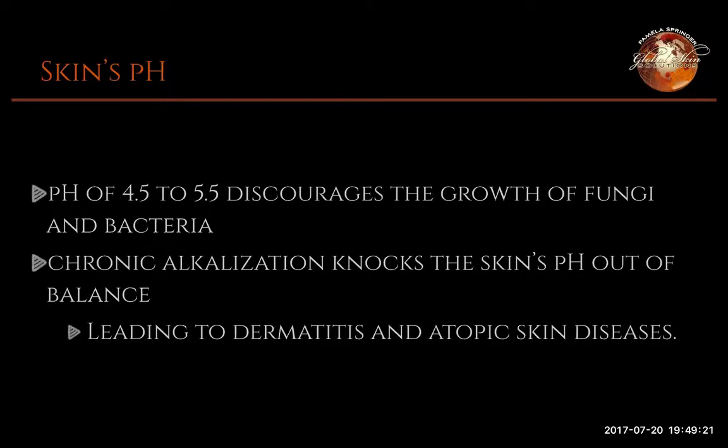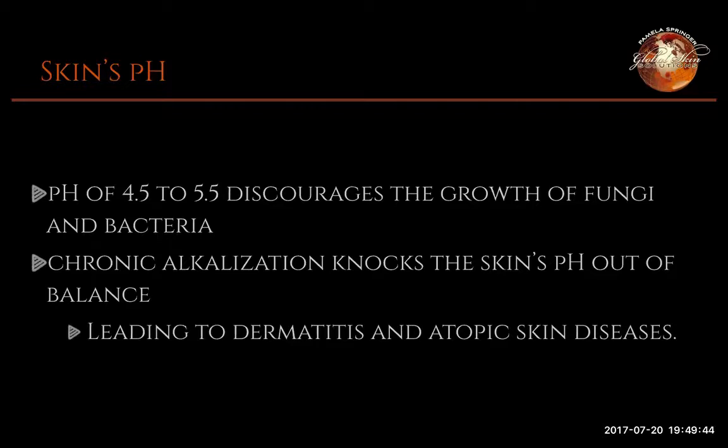So we were always taught in school that the pH of our skin to be normalized is 4.5 to 5.5. And this actually is going to discourage the growth of any kind of bacteria. So that pH is slightly acidic.